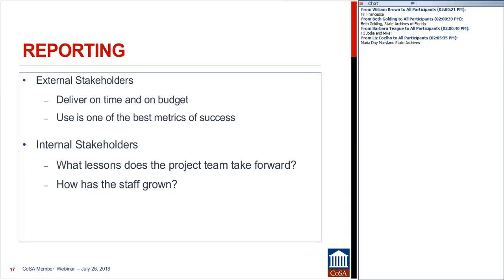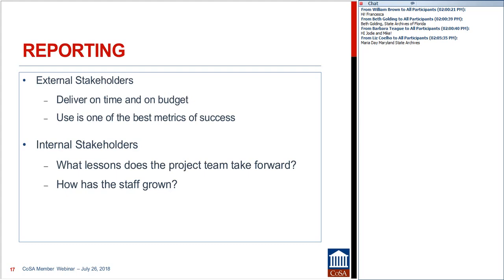So all of this contributes in a day-to-day way to moving us from tasks completed to elements completed to milestones achieved and to deliverables delivered.